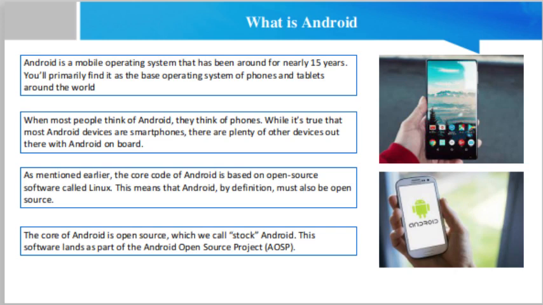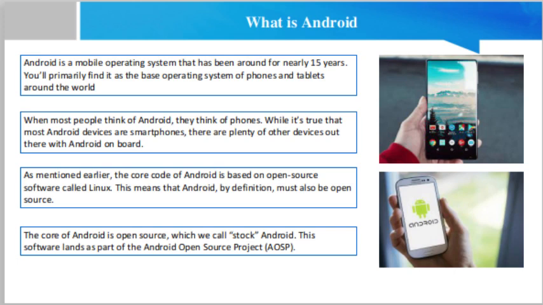Android is open source. When something is open source, it means the copyright owner allows its use for any purpose without any need for financial remuneration. As mentioned earlier, the core code of Android is based on open source software called Linux.